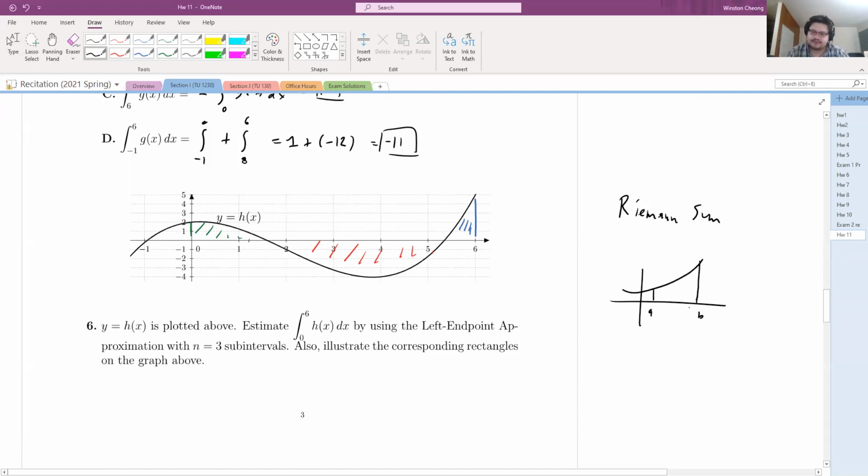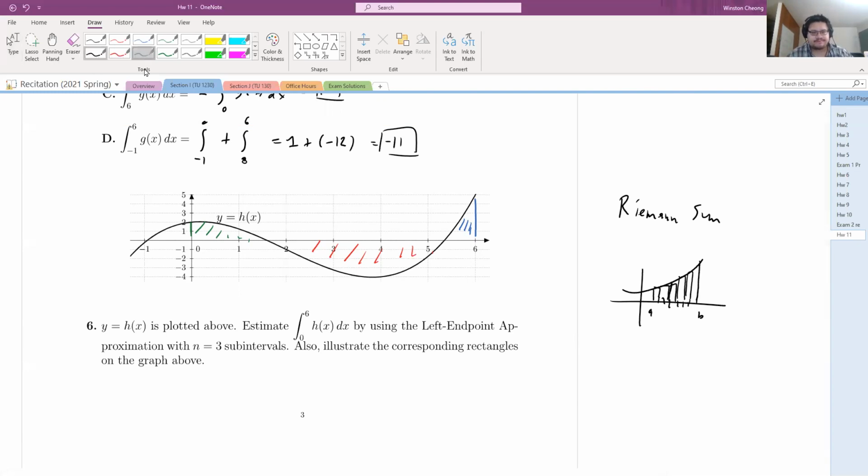We always subdivide this interval from A to B into however many regions, and we draw rectangles for each of these regions. The more rectangles we draw, the closer the approximation will be to the actual area. And we might overshoot or undershoot depending on how we specify the rectangle.